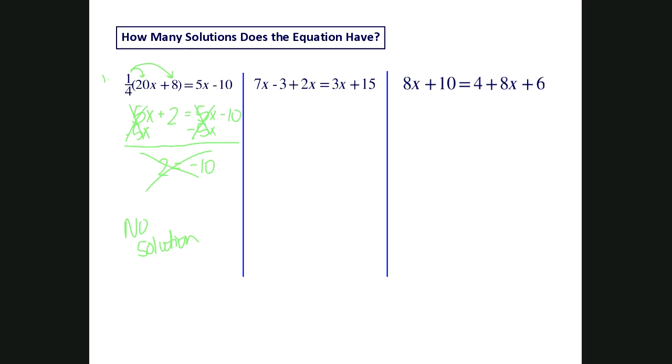Okay. Let's go ahead and do the second one now. Everybody go ahead and start solving this and see if you can come up with an answer for this one. How many solutions does the second problem have? Does it have one? Does it have many? Or does it have no solutions? Once again, the process to figure out how many solutions it has is to start solving it.